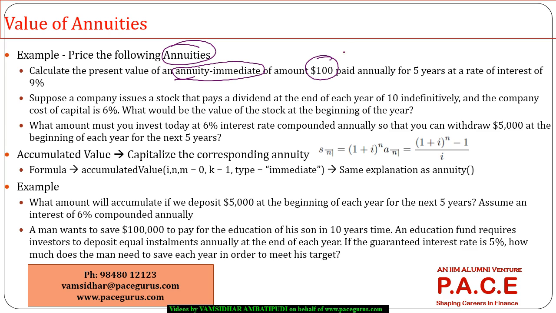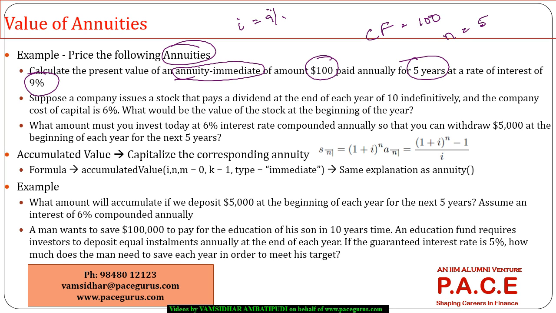Okay, I have to calculate the present value of an immediate annuity amount of 100. So the cash flow is 100 for each period for 5 years. So we are paying 100 for 5 years. So the N for me is 5 at the rate of interest of 9% per year. So I is coming out as 9%.